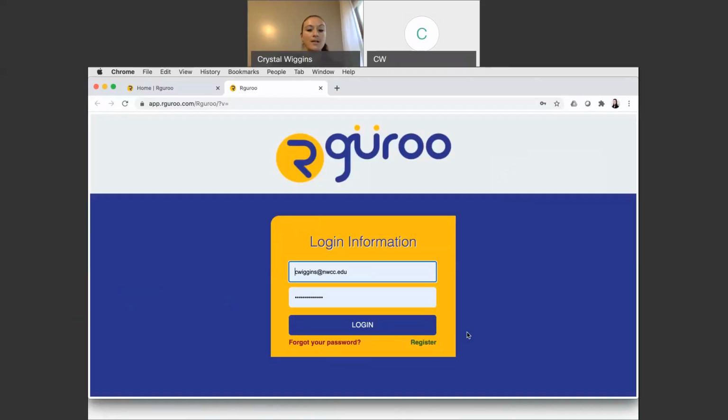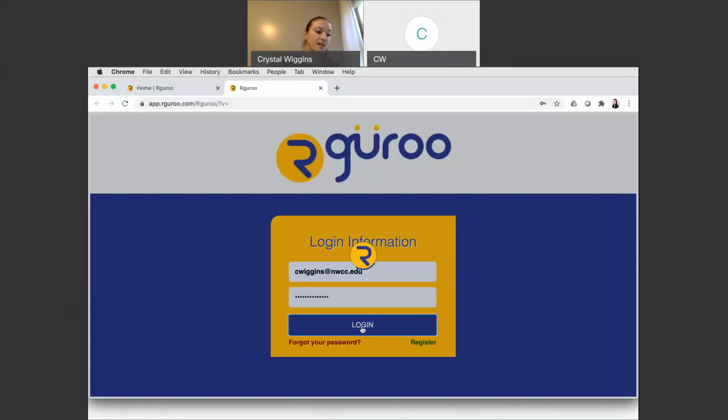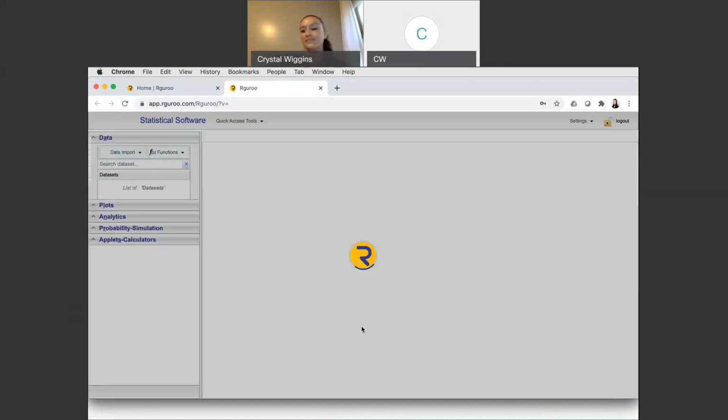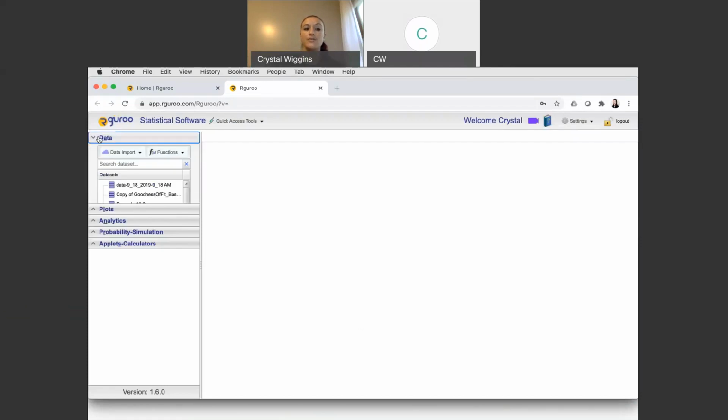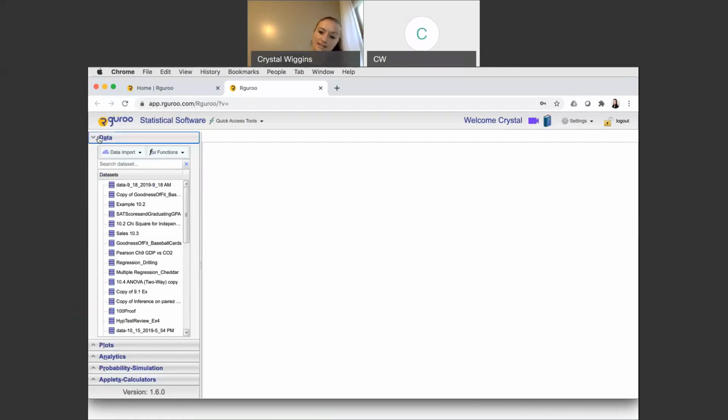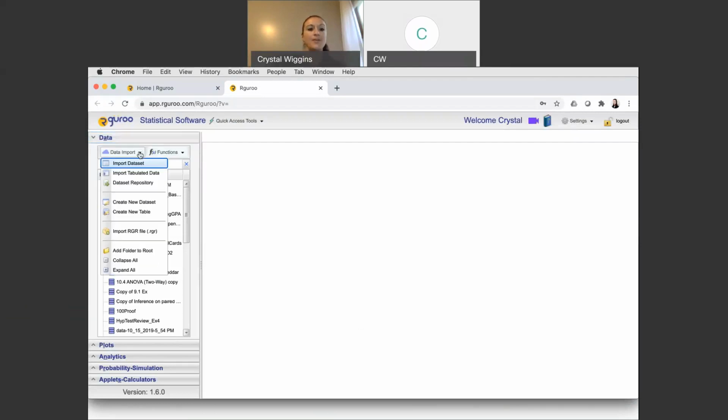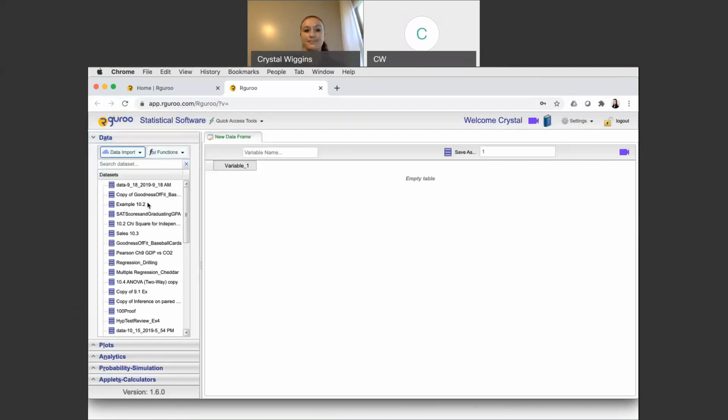So we would want to log in to ourguru.com. Now, because this was a really small set, for me, I think it's easier to just create it real quick in our guru than to try to make it an Excel file and import it. So I'm going to go to data, data import, and create a new data set.